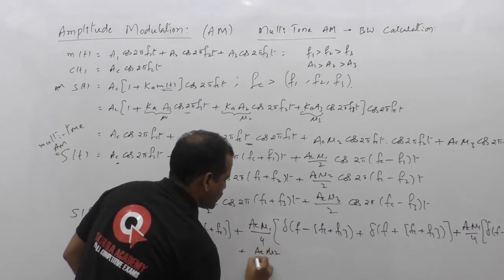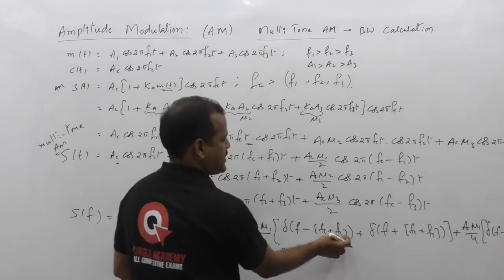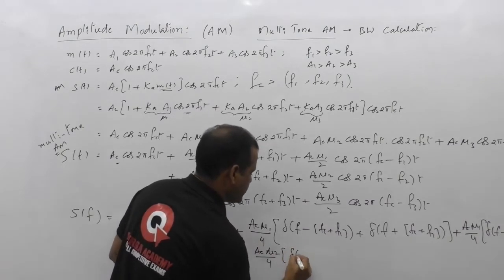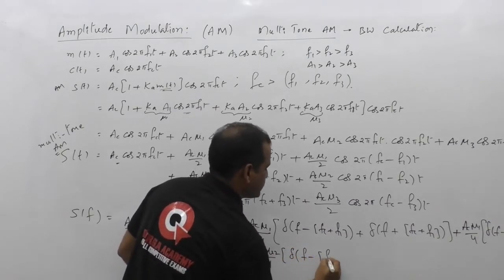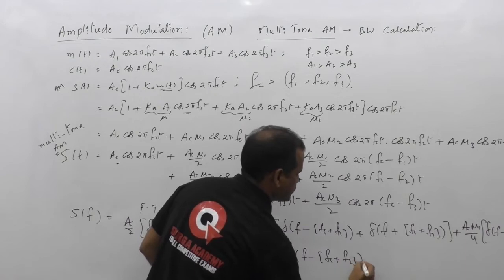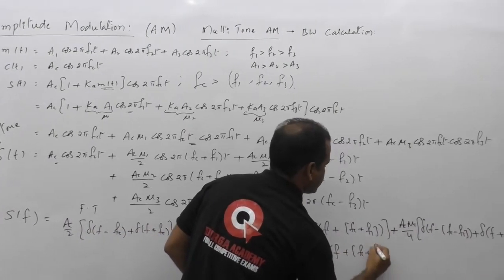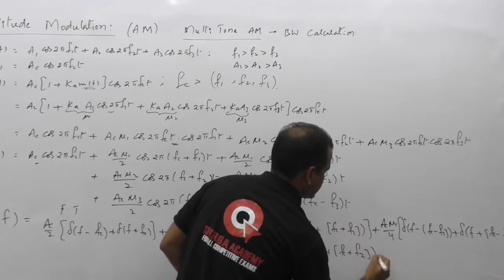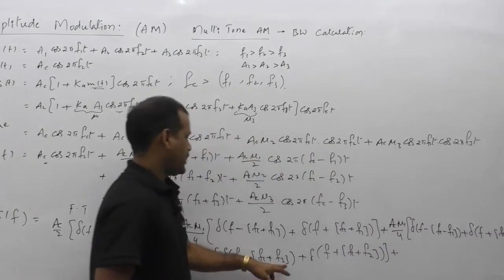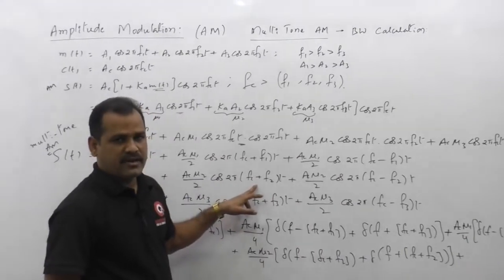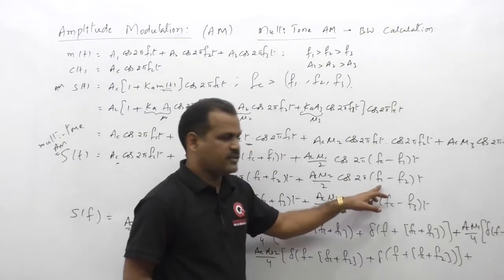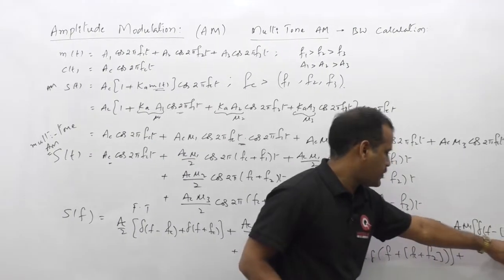So AC mu 2 by 4, and simply f1 we can replace with f2 here. That means del of f minus fc plus f2 plus del of f plus fc plus f2. This is related to the second upper sideband term we have. Similarly, for the second lower sideband term, f1 we can replace with f2.